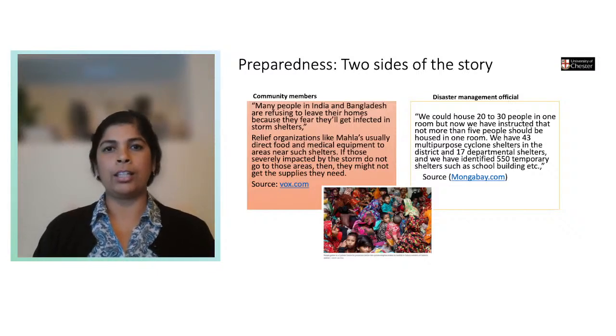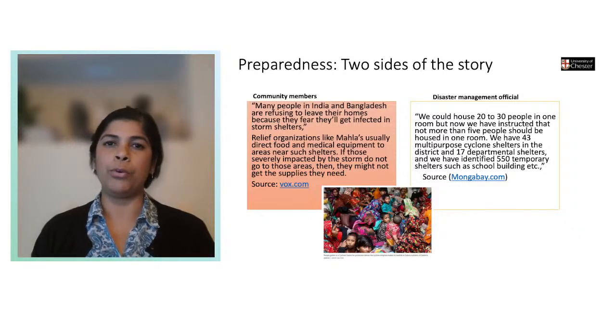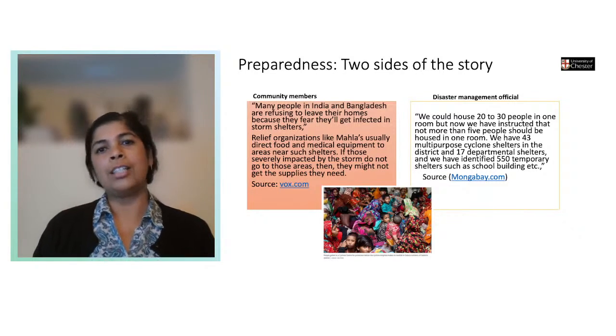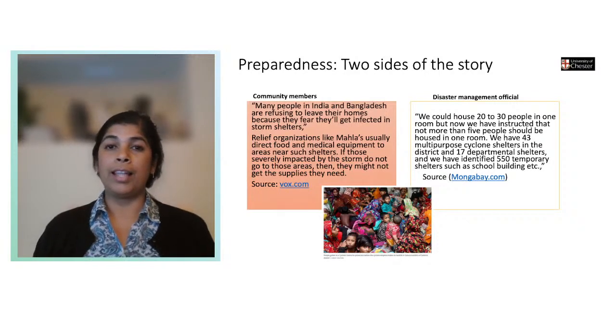They knew about cyclones. They had some knowledge about cyclone. They knew how to manage a cyclone, and they have seen it before. However, in shelters, they were aware that there is more possibility that they will get infected in those storm shelters.